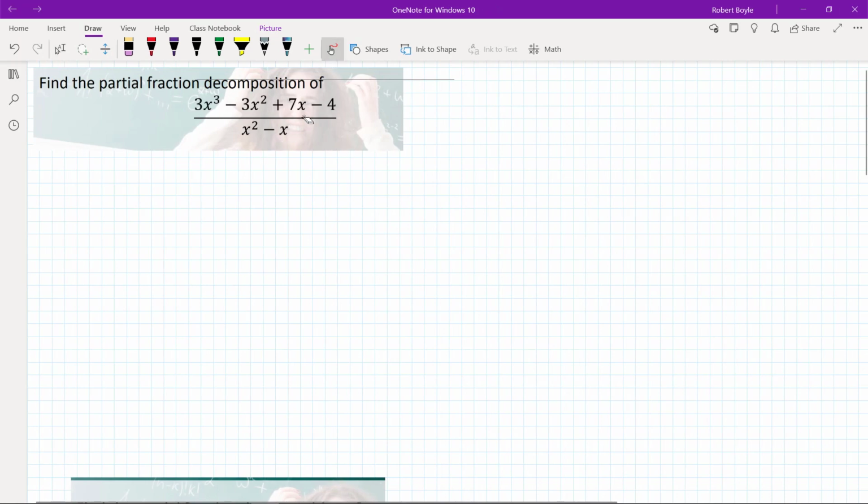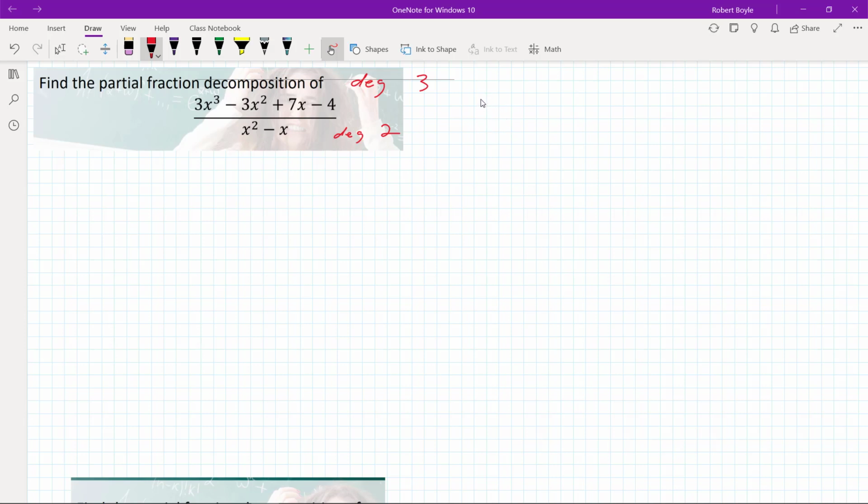Notice that we have a numerator with a degree of 3 and a denominator with a degree of 2. This is not a proper fraction, so we need to divide the numerator by the denominator using long polynomial division.